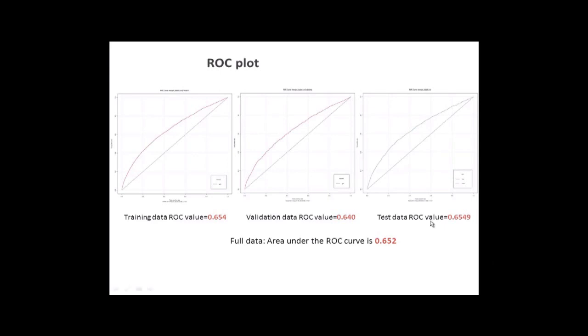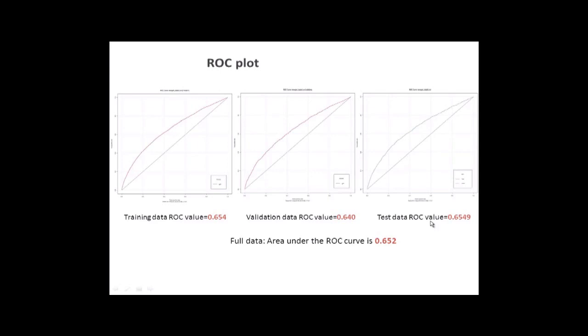Looking at the ROC plot for the logistic regression model, we see that the ROC plots for the training, validation, and test data sets are very close to each other, which tells us that it's a good model, and there is no large variation between these values.